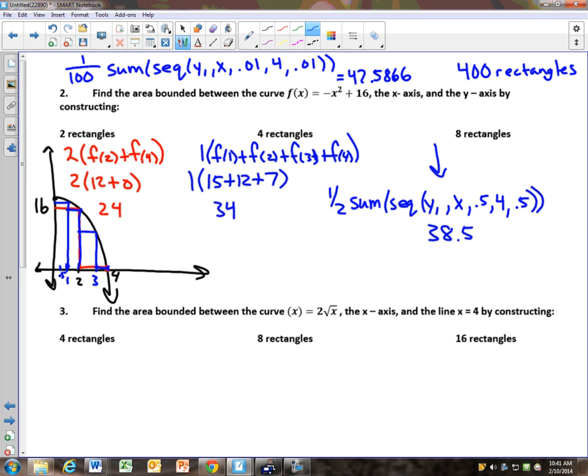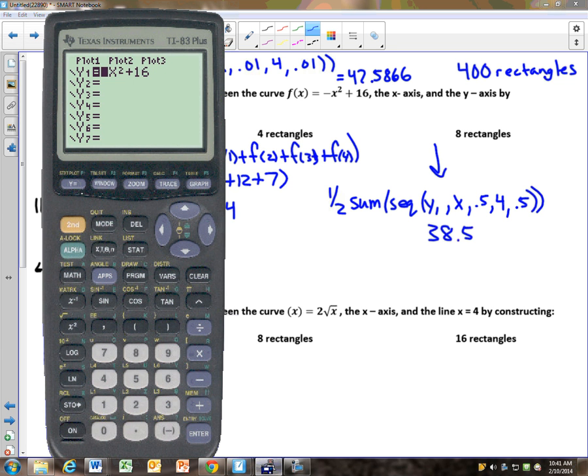So we're getting closer. My guess is 42.58 is probably really close. Okay. Last thing, take out your calculator, go to y equals.